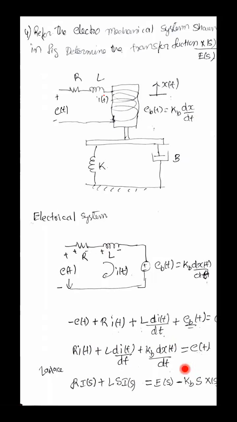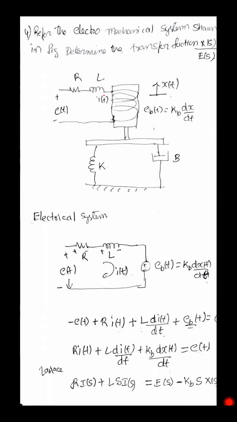Now, if we apply the Laplace transform for this, R into I of s plus L into s into I of s, which is equal to E of s minus kb into s into x of s. What is this kb into s into x of s? It is nothing but this term. Kb into dx of t by dt, that term can be written as kb into s into x of s. Okay.